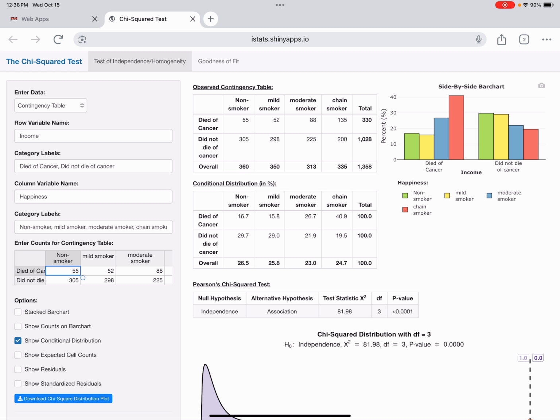So you enter all those values and hit enter. Make sure that they're entered correctly up here. You get all of those totals, which is nice.